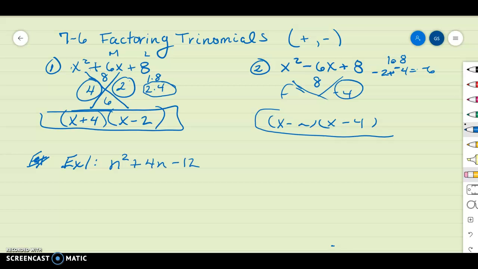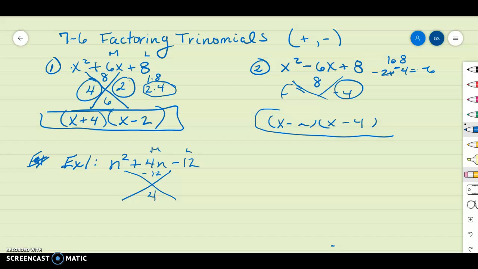We're going to start out the same way. Take the last number, put it in the top of your x. Take this middle number, this is middle, this is last, and put it in the bottom. It's positive 4.